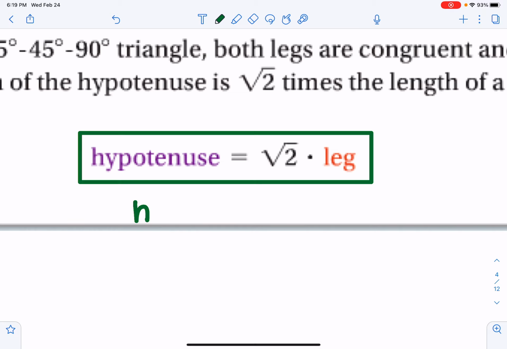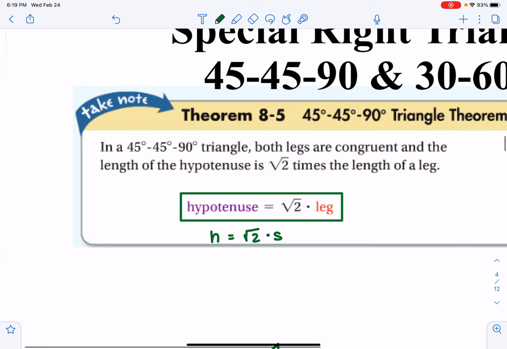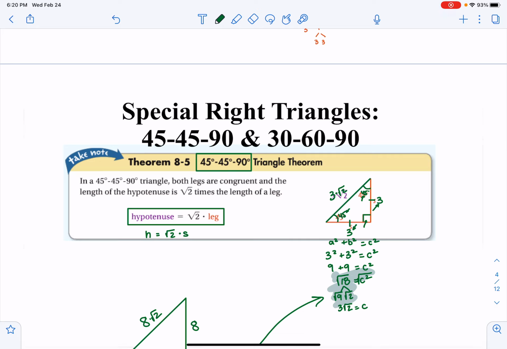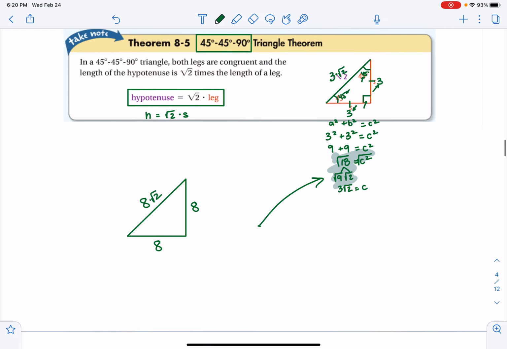And that is only if you have a right triangle with 45 degrees, and then the right angle. So these are just some super specific cases that we have some shortcuts for.